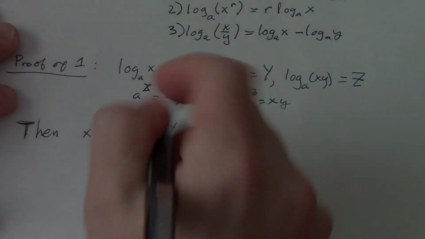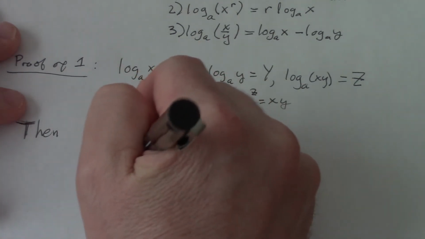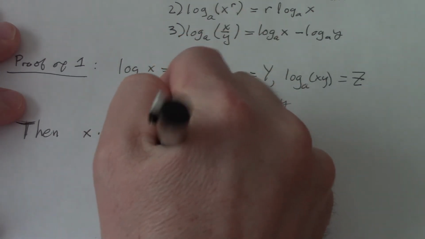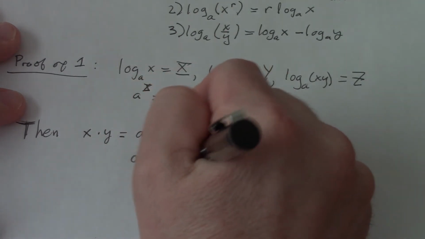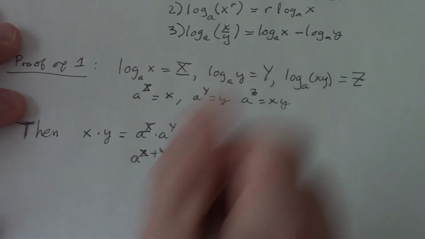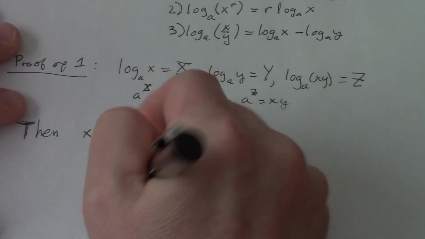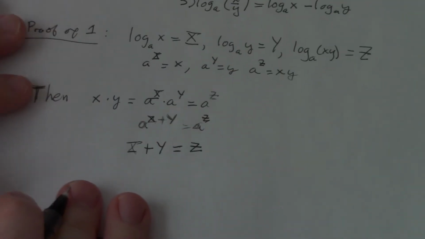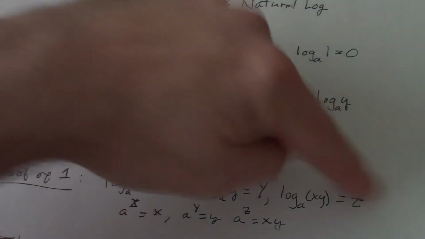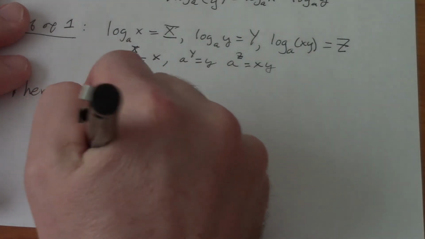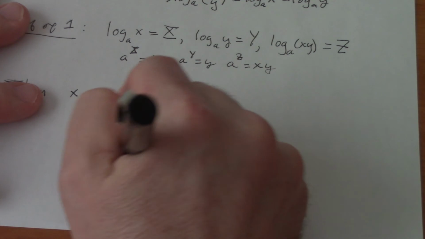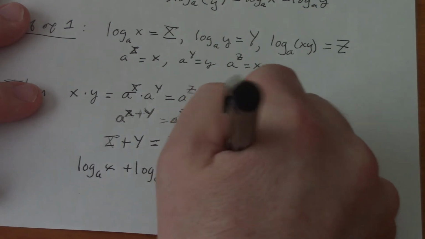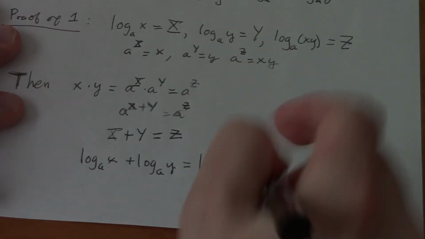Using exponential properties, we get a to the X plus Y equals a to the Z, and we see that X plus Y equals Z. Filling in what X, Y, and Z are equal to, we get log base a of x plus log base a of y equals log base a of xy. And there's your proof.